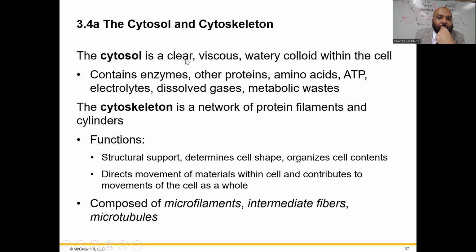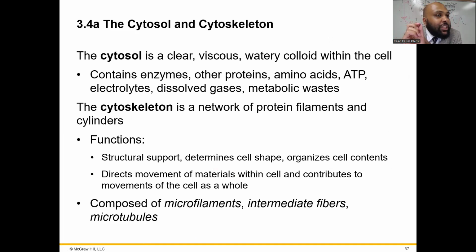So the cytosol is a clear, viscous, watery colloid. What do we say a colloid was? What's the difference between a solution, suspension, colloid, and emulsion? A solution has water and tiny particles like salt or sugar.